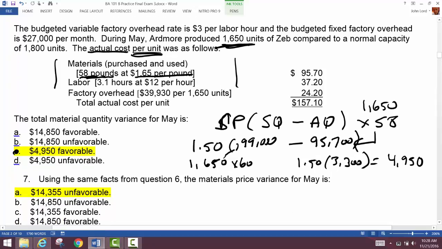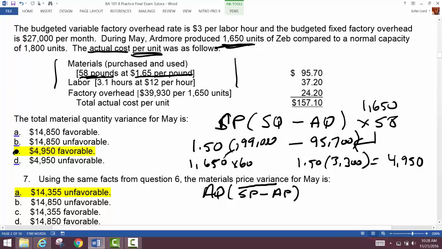Okay, good. Using the same facts as question 6, can I get the materials price variance now? I've got the quantity, and I want the price variance. It's going to be actual quantity times standard price minus the actual price.